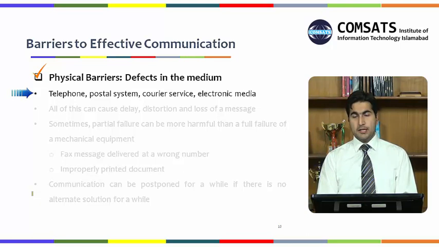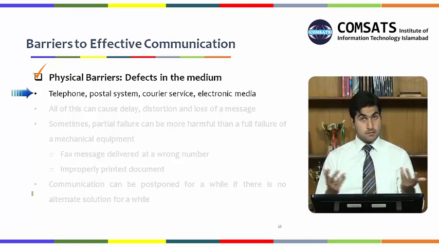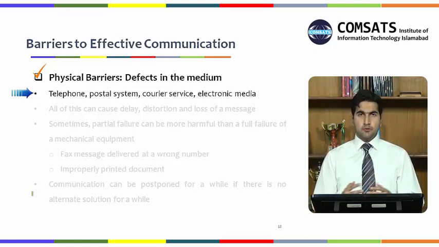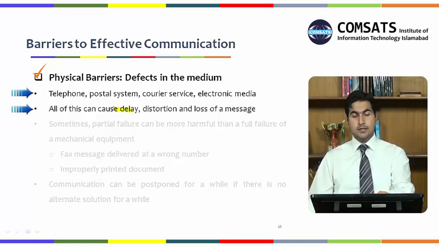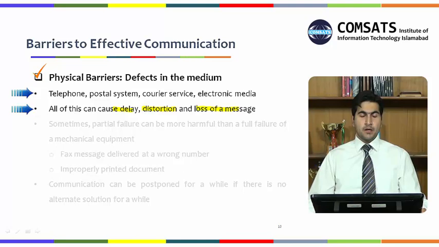Even some problem within the line of a telephone can cause much of the problem. The postal system or the courier service can have certain problems as well, which is why the message can get delayed. There could be certain distortion, or even on occasion a complete loss of message.